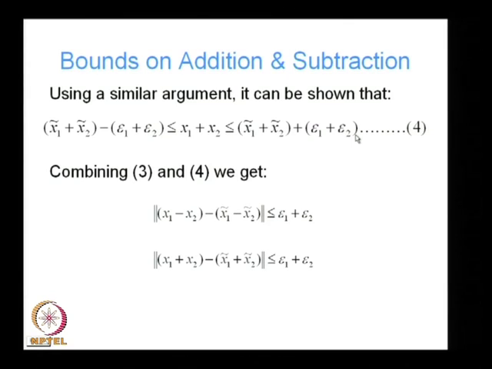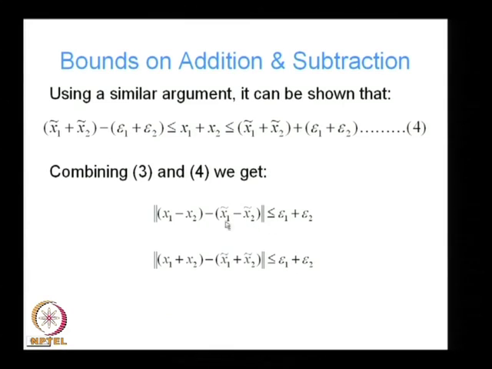Combining bounds 3 and 4, we get that the absolute value of x1 minus x2 minus (x1 tilde minus x2 tilde) must always be less than or equal to epsilon 1 plus epsilon 2, and the absolute value of x1 plus x2 minus (x1 tilde plus x2 tilde) is always less than or equal to epsilon 1 plus epsilon 2.